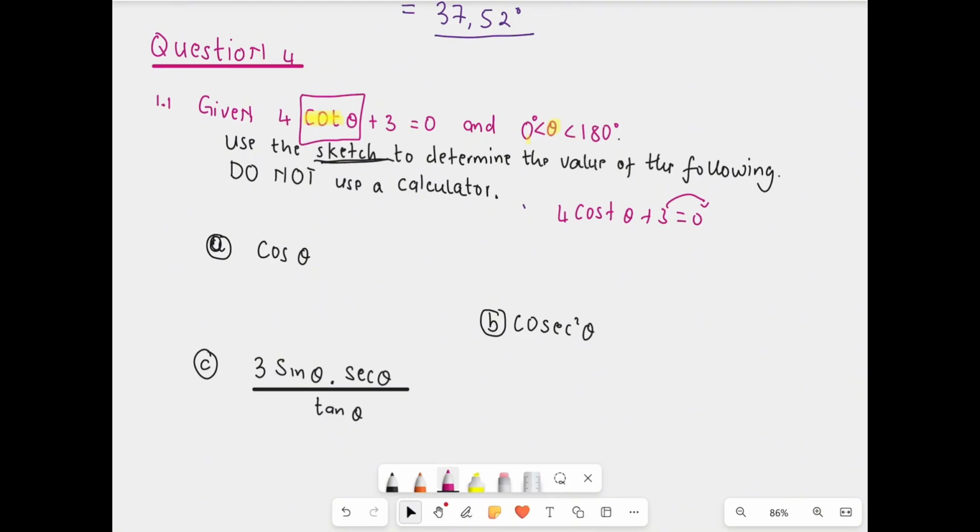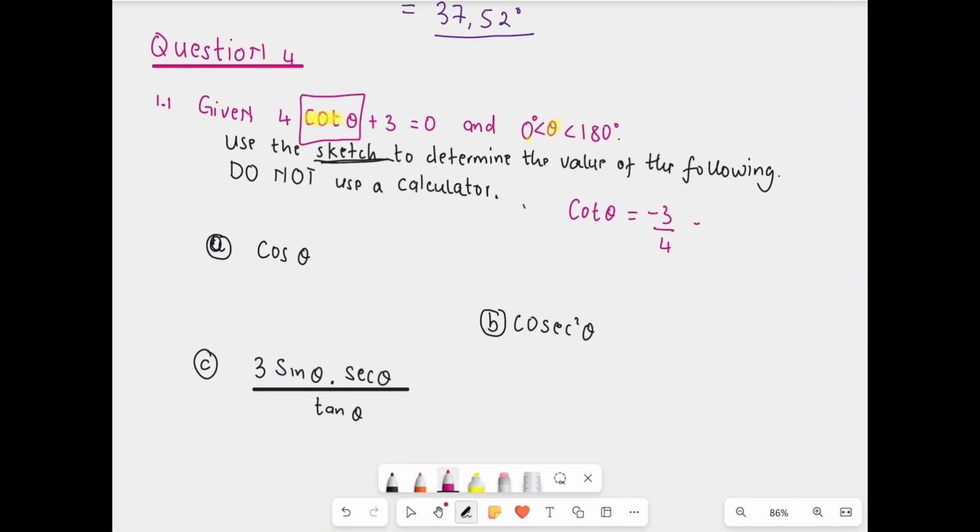So we are going to have our cot theta is equal to, if you transpose 3, it will be negative, and then divide by 4. So our cot theta is negative 3 over 4.